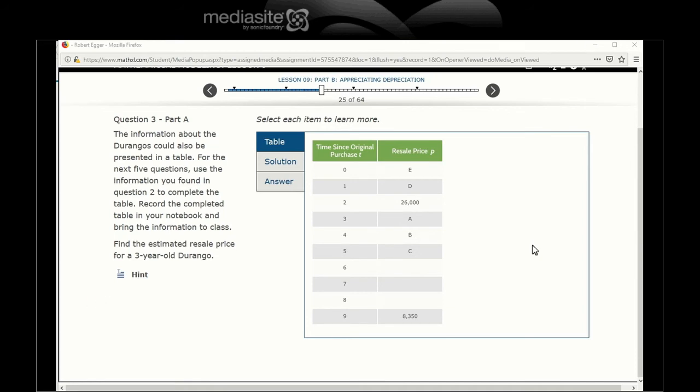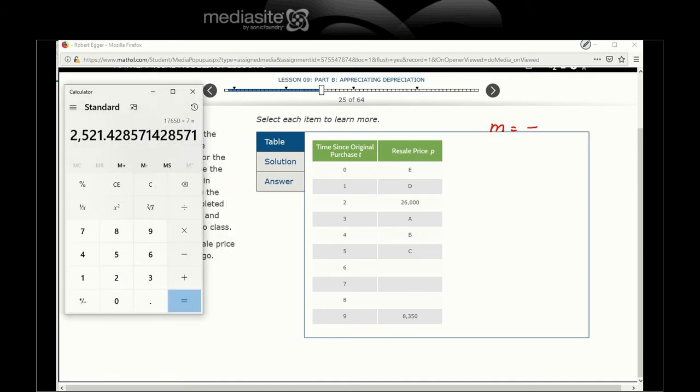What they're having us do is, slope was what? Minus, if I kept that number up there, minus $2,521.43 per year. All right.